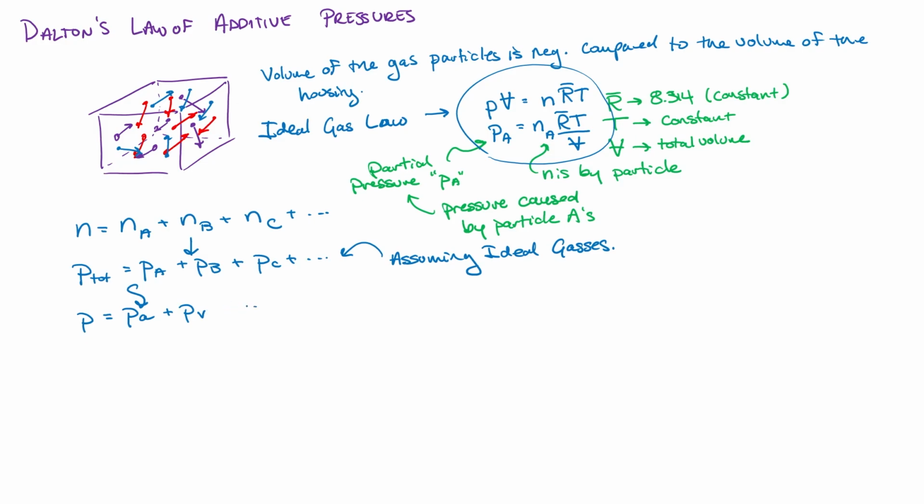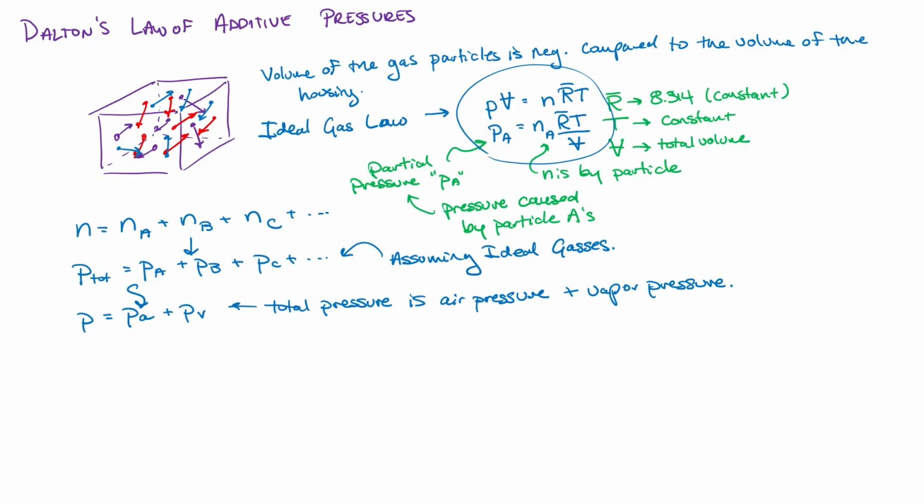So this is saying our total pressure is air pressure plus vapor pressure. And that is going to come into play in a couple of our equations here in a second.